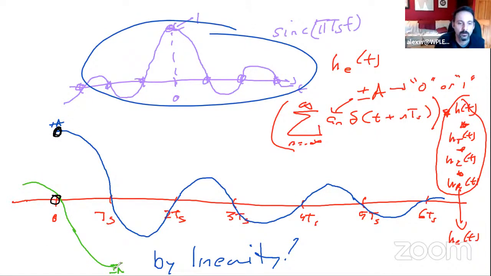Again, not an artist. But then let's take the next one. Let's say the next one is A. So plus A again.